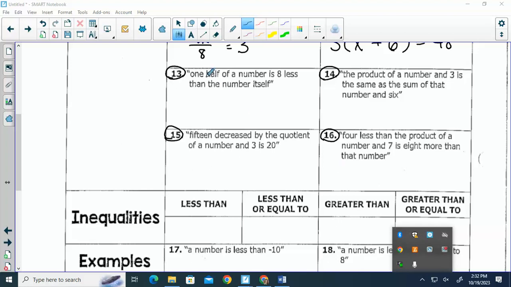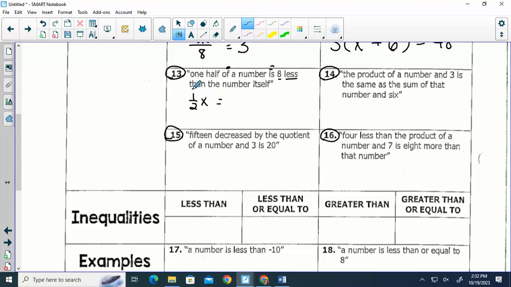The number is one half of, which means what? Multiplied with a number, so 1/2 x. Is means equals. 8 less than. What does less than mean? 8 minus x? You flip it.